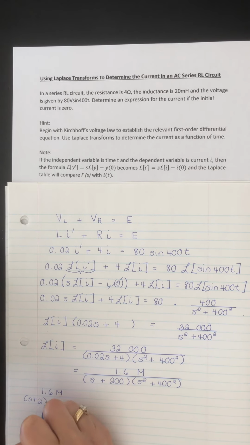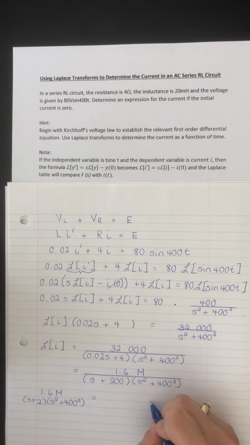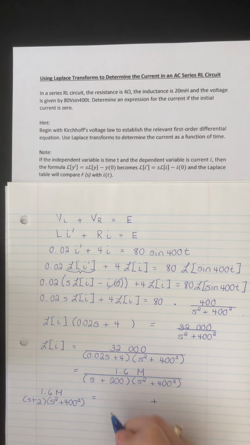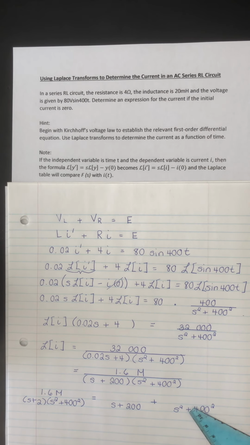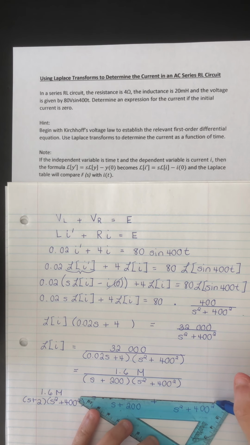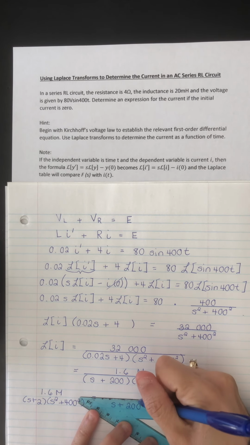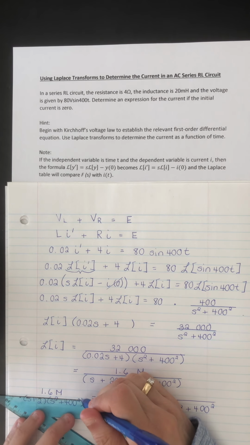Here's the original fraction. And we are changing the original fraction so that it will be the sum of two fractions, one with a denominator of s plus 200 and the other with a denominator of s squared plus 400 squared. And of course, we have to correctly set up the numerators.